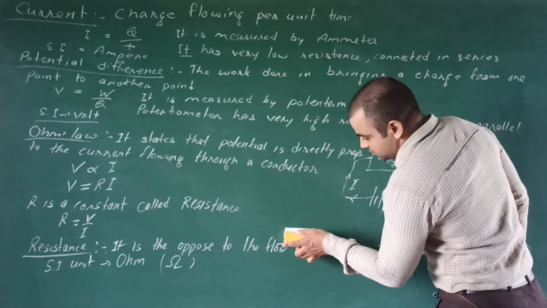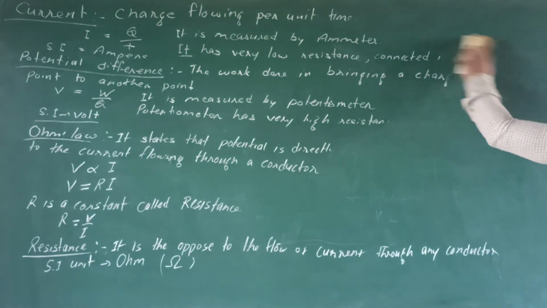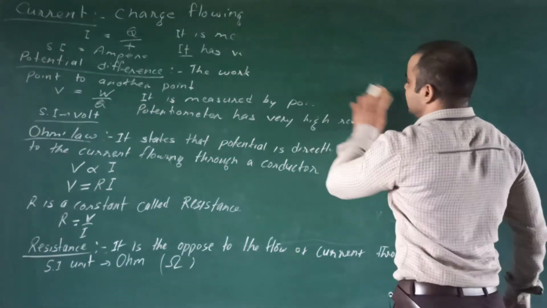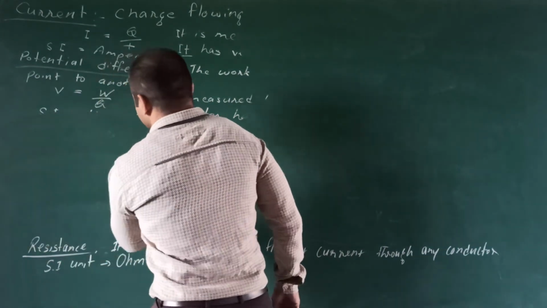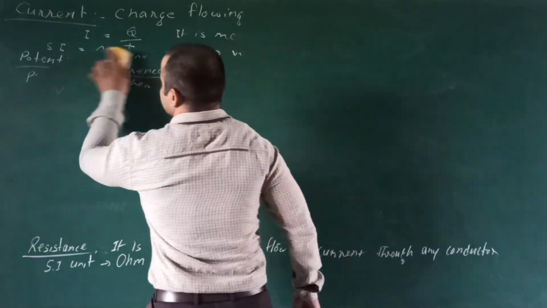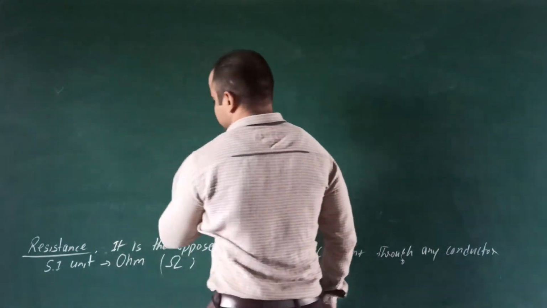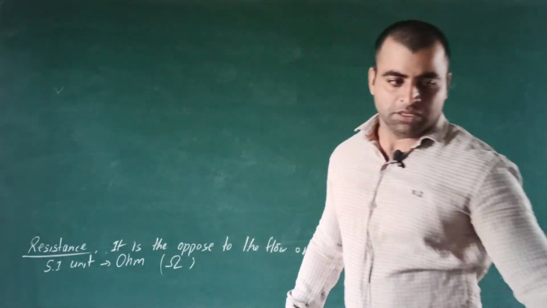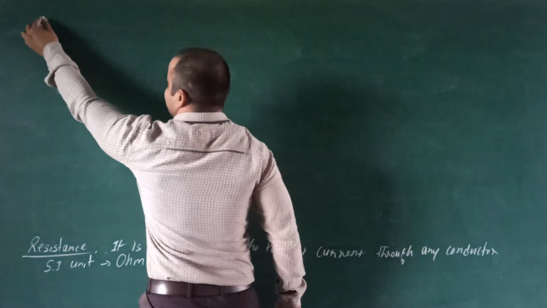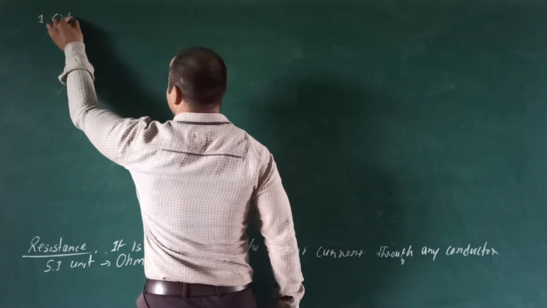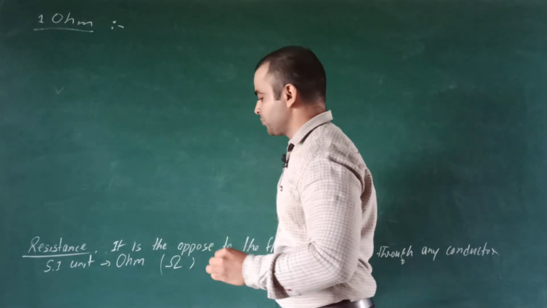Now we will define 1 ohm. Resistance is the opposition to the flow of current. What is 1 ohm?